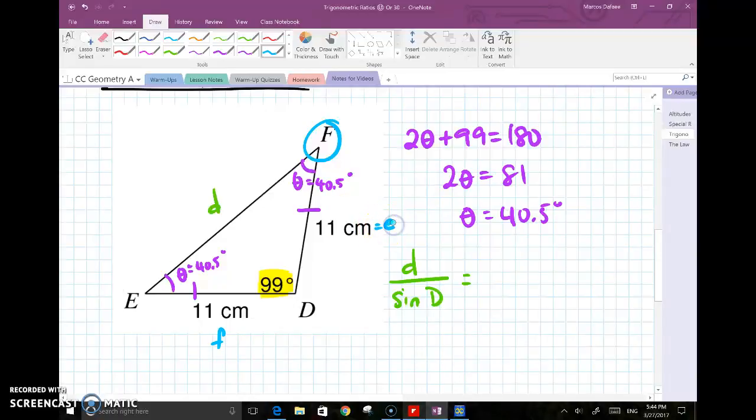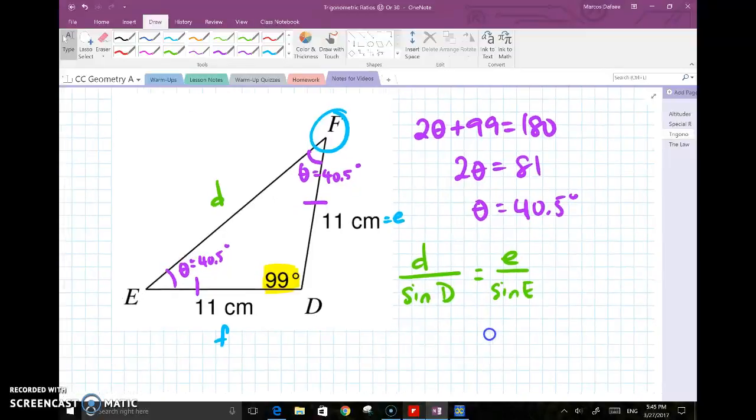Okay, little e. So finishing this relationship, what I get is little d over sine of d is equal to, I'll go with e, little e over the sine of angle e. And that means that I really don't need to use angle f at all, or the side opposite of that. I have everything I need.